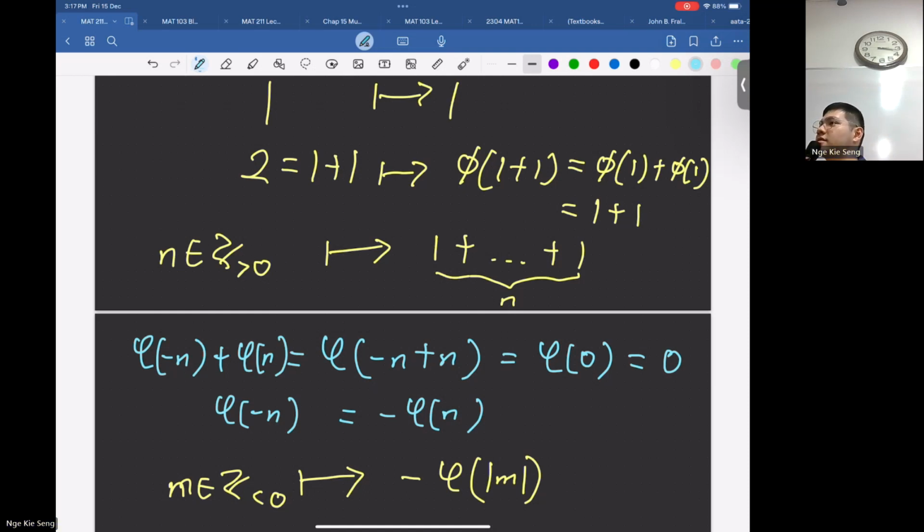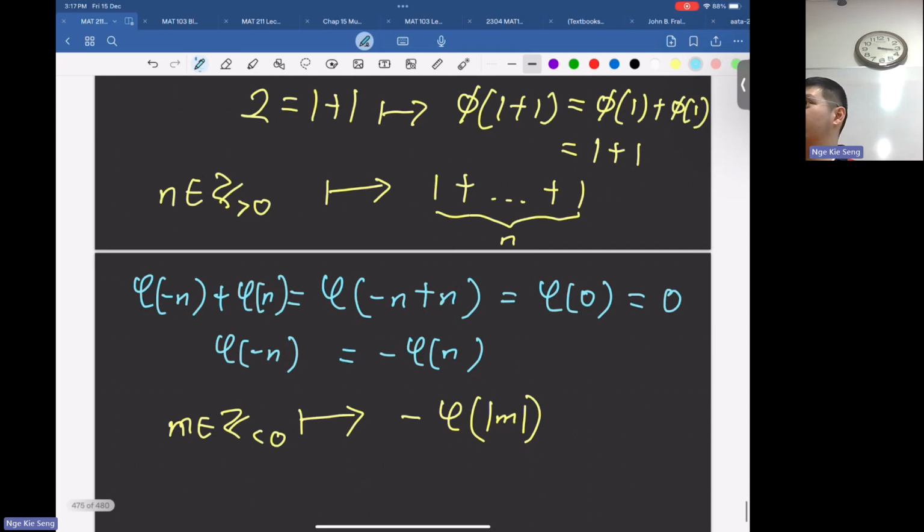Is that alright? Does it make sense? So this decides where the negative integers should go: minus of phi of the absolute value of n.